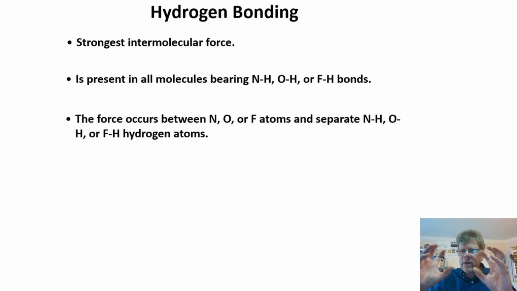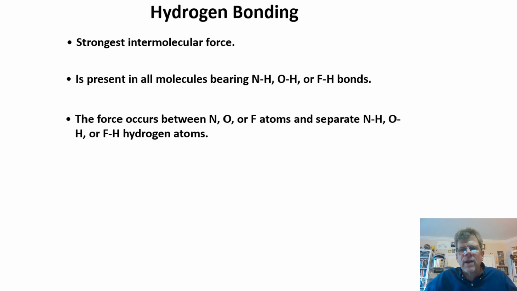But the force between the particles occurs between either that nitrogen, oxygen, or fluorine atom and a separate hydrogen attached to an NH, an OH, or an FH on a different molecule. Let's look at some pictorial examples here.